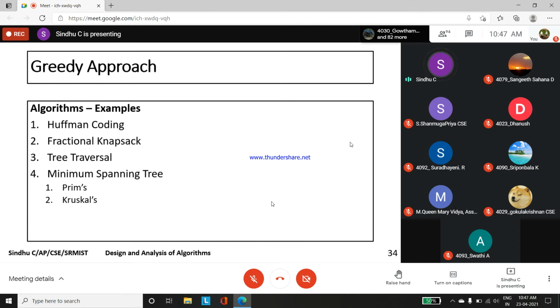In other words, the optimum solution is obtained by making greedy choices, right? That is called the greedy property. So you have two properties which this greedy approach should satisfy. One is the greedy choice property, and the other one is the optimal substructure, which is when you have an optimal solution, it contains optimal subsolutions, right?